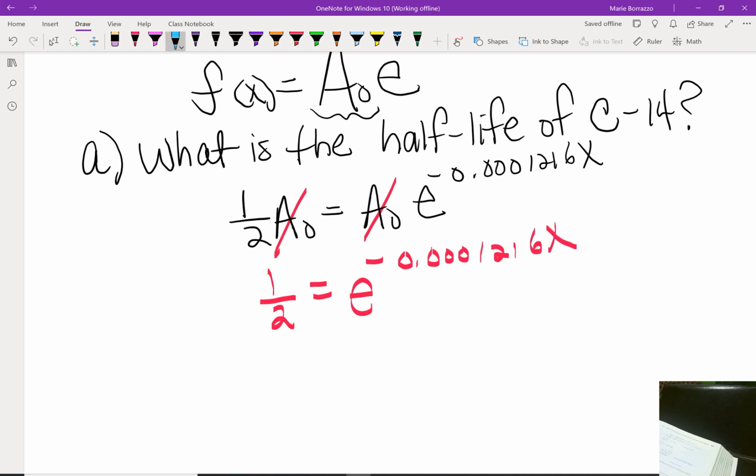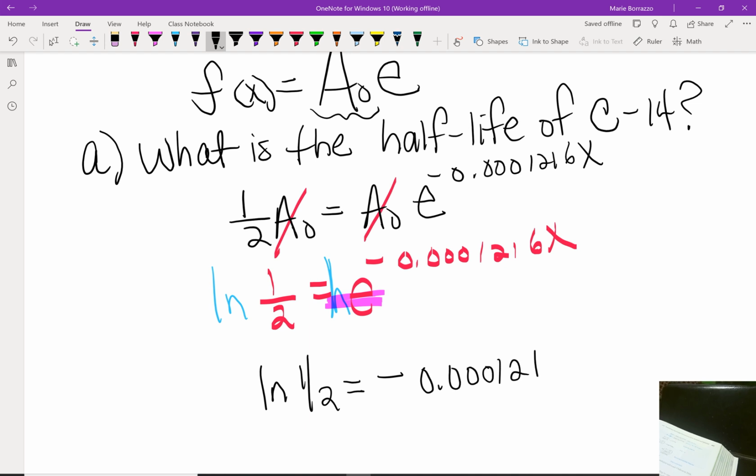Because we don't have the same basis, we're going to take the natural log on both sides. And if you remember what I stated about natural log and e, they are going to cancel each other out. So you are now left with natural log of 1/2 equal to negative 0.0001216x.